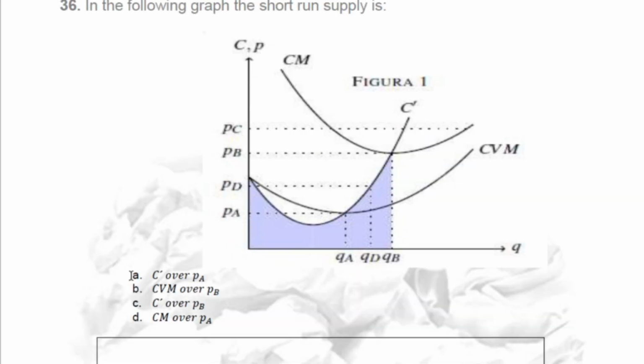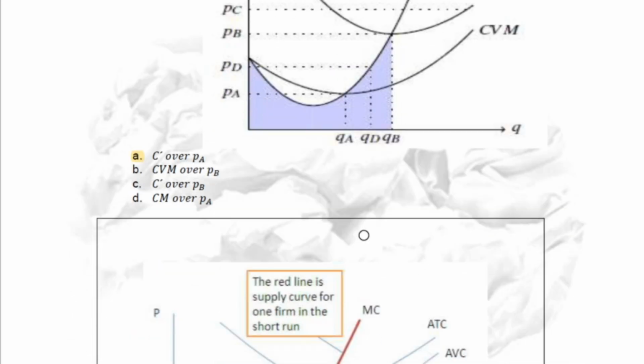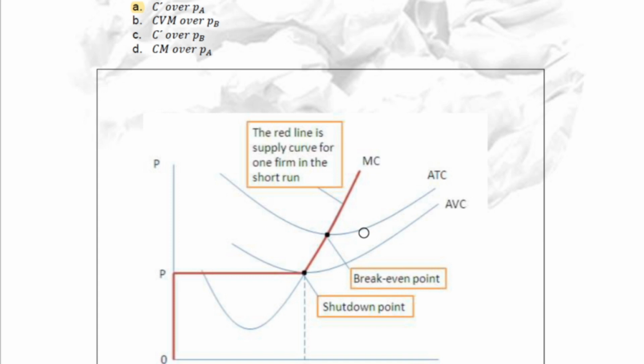So the correct one clearly is A. Here I put this graph, this beautiful graph is not from me, where you can find the short-run supply. It's price equal to marginal cost, and for prices below that level, the quantity supplied would be 0.